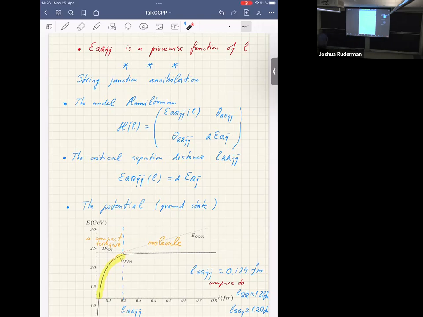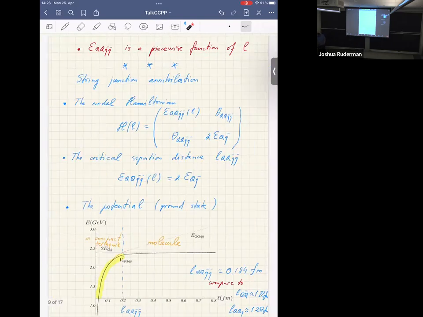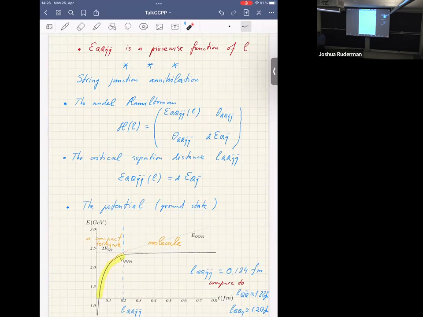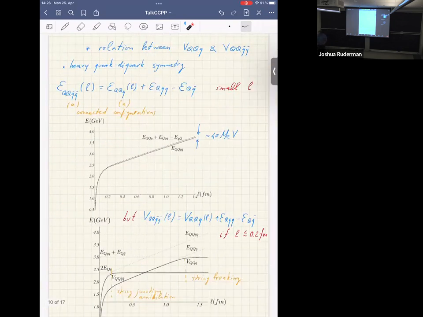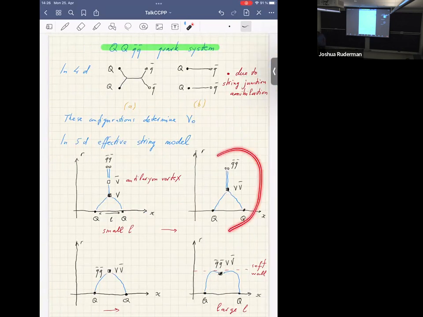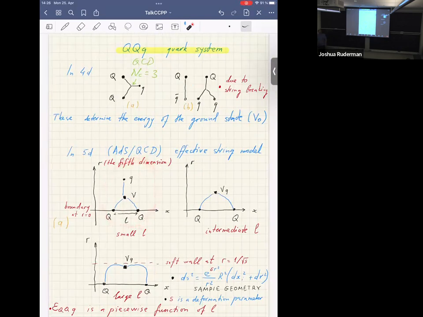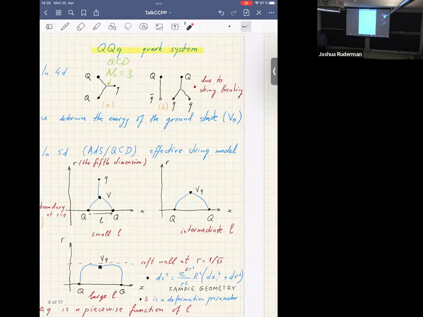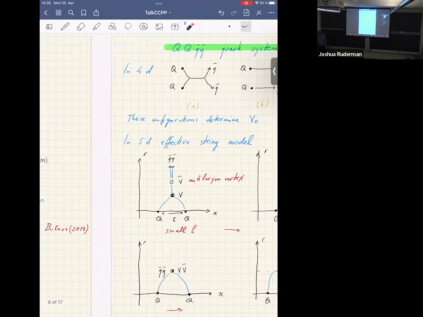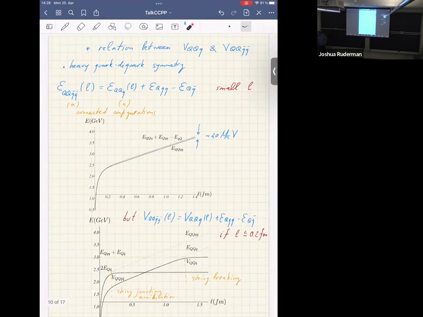And then there is an interesting phenomenological story here. Still, before that, let me also tell you about a relation. As I show you these diagrams, this one, for example, looks very similar, roughly, to that one, right? So there should be a relation between the potentials, and it's also dictated by heavy quark-diquark symmetry, this relation.